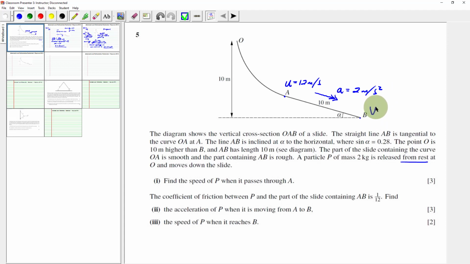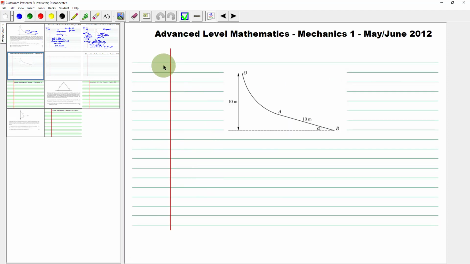It is the v that we want at this point, and the s is this. And you can see that the details which are given here suggest we can use the third equation of uniformly accelerated motion. And let's do exactly that.